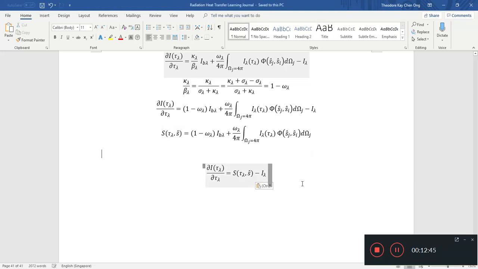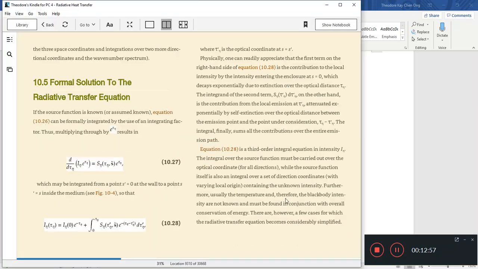Right, and this looks like almost a first order ODE, except that S is actually more complicated than, say, a first order ODE. So in theory, at least in theory, you can have the solution as such using an integrating factor.